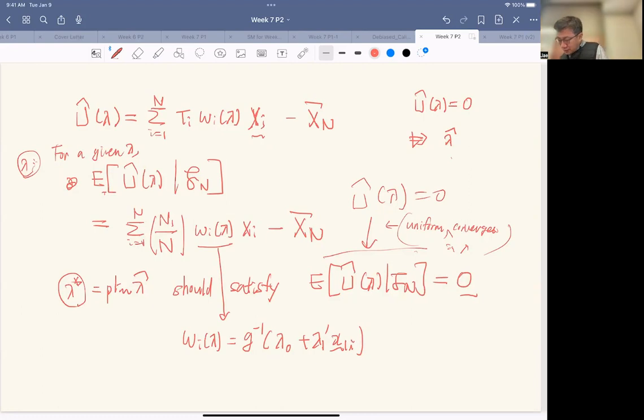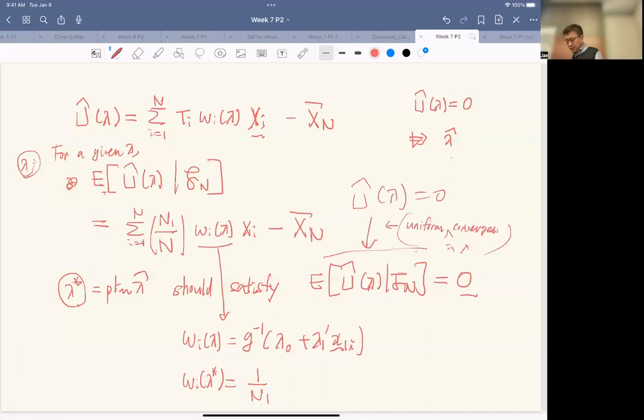So for this to be 0, that means we need this one equal to 1 over n_1. So in the limit, my point is that we don't know the value of lambda star per se, but lambda star should satisfy this in order to make this one equal.